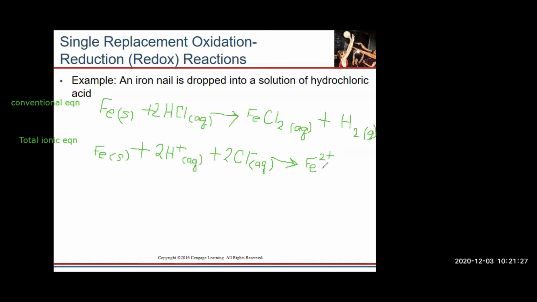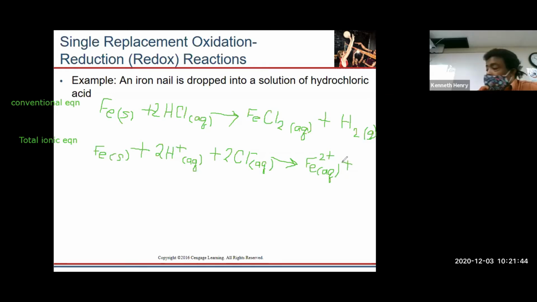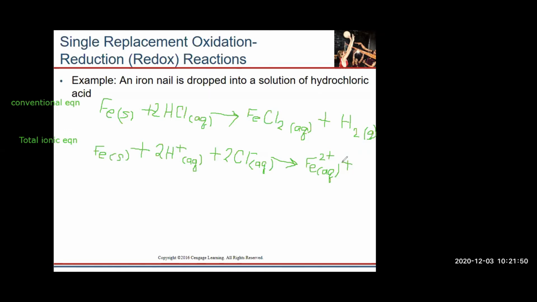Aqueous. And what else? What's next? 2 chloride.